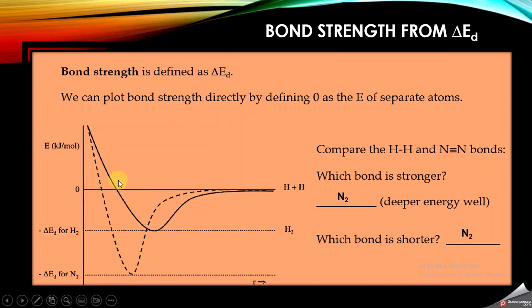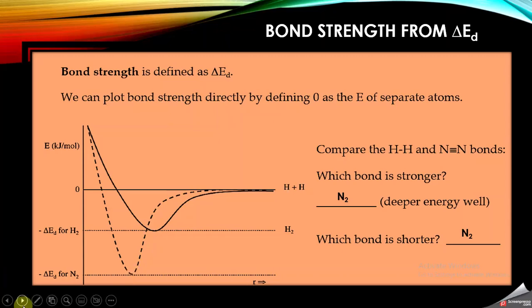If you take the difference of this point and this point, this difference of energy is higher for nitrogen, and the difference of energy for the hydrogen molecule is lower. So it means you have to provide more energy to break the nitrogen bond, and therefore the bond dissociation energy of the nitrogen molecule is higher.